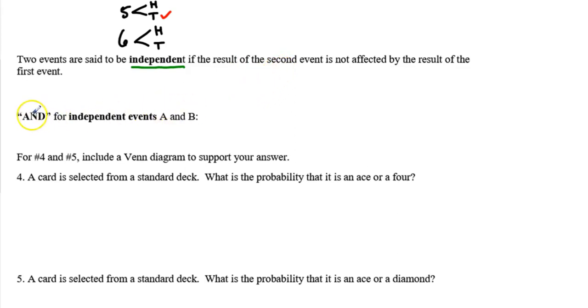So if it's an "and," like we've been looking at, like A and B, or roll a die and then flip a coin, the probability is just multiply those two probabilities. So the probability of A and B, assuming these are independent, like the coin didn't care what the die did, right? They have no effect on one another. You're just going to multiply. It's the probability of A times the probability of B occurring.